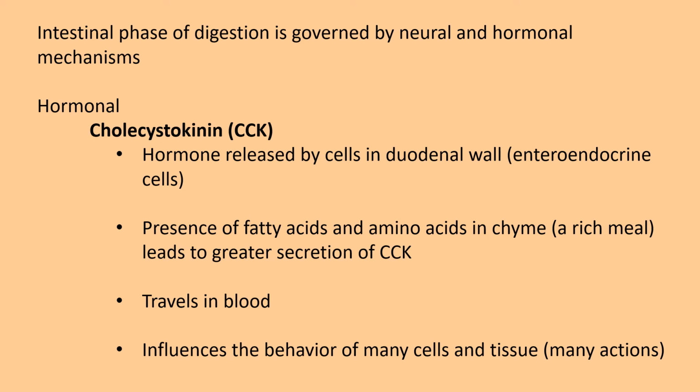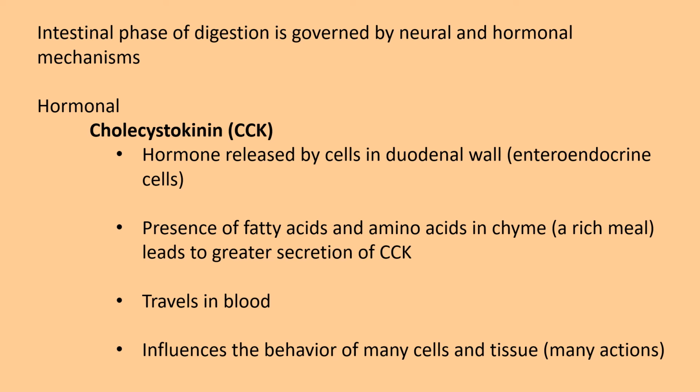And the secretion of CCK is mostly under the influence of sensory input from those chemoreceptors in the lining of the duodenum. So when those chemoreceptors respond to a greater presence of fatty acid and a greater presence of amino acids, it leads to the greater secretion of cholecystokinin. And so the presence of fatty acids and amino acids, they indicate what type of meal we've eaten, right?